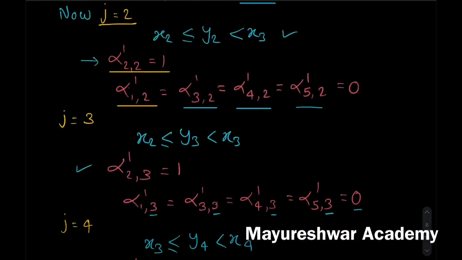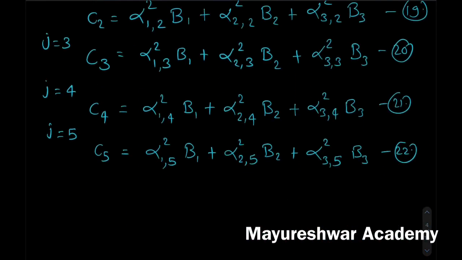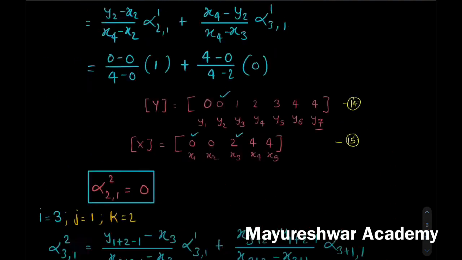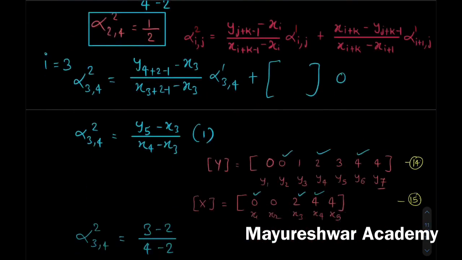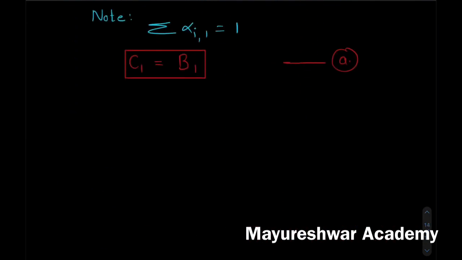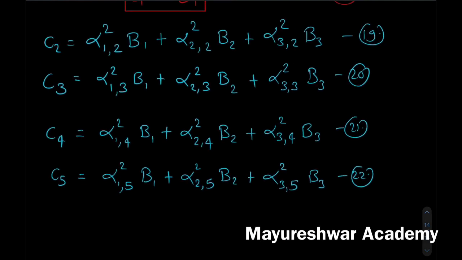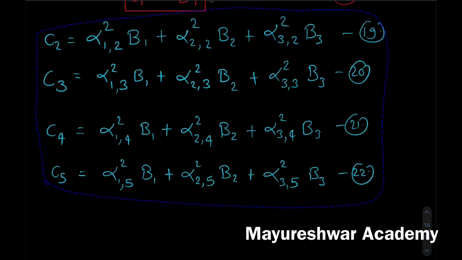Let us copy now the second expression. We better copy all of them so that we can substitute the values immediately and obtain these coefficients. Now we already have B's and alphas.